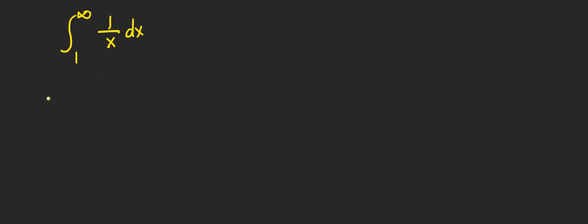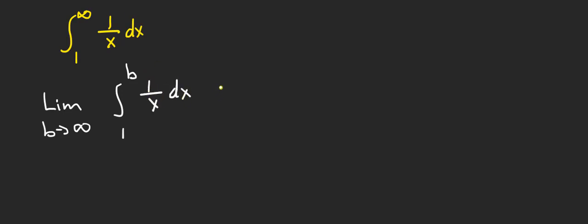In order to evaluate this, we need to put a limit as b goes to infinity of the integral from 1 to b. Notice we just replaced infinity with b because we are letting b go to infinity. Let's just leave it as 1 over x dx.